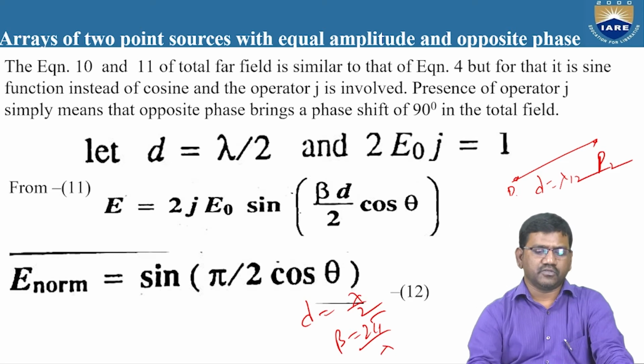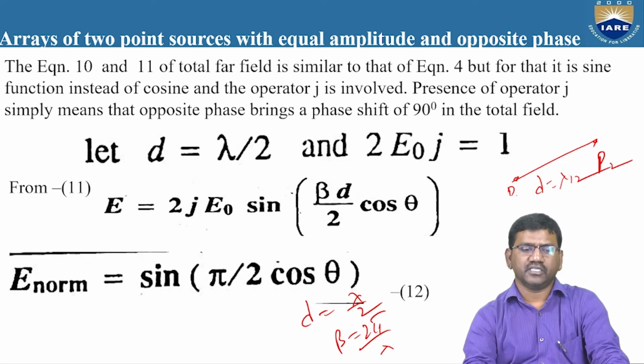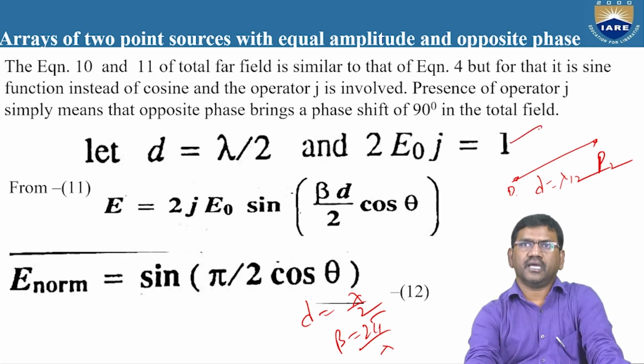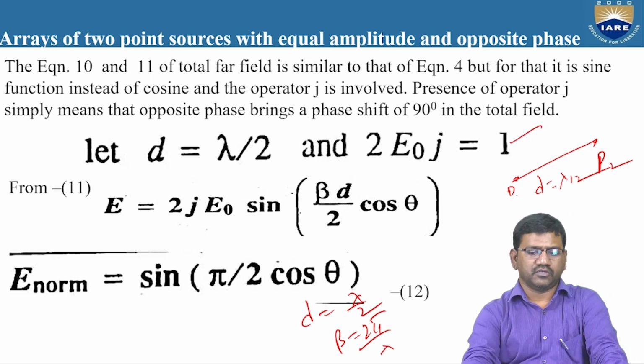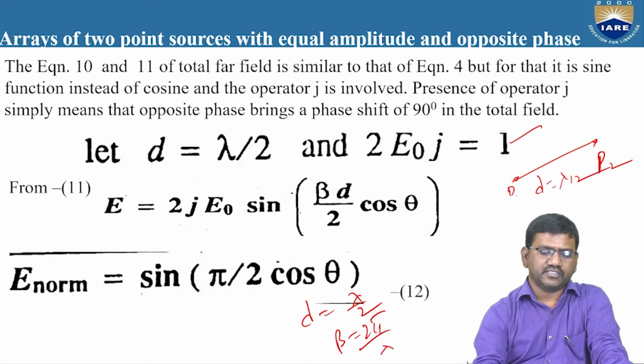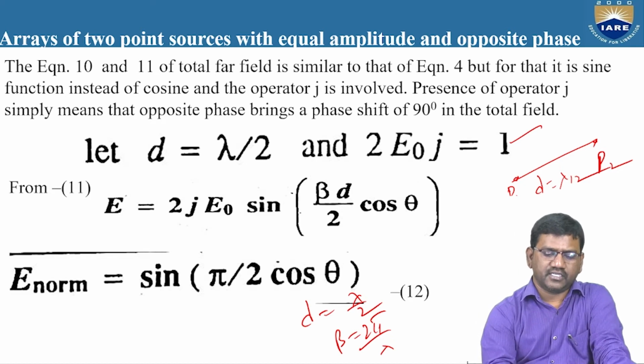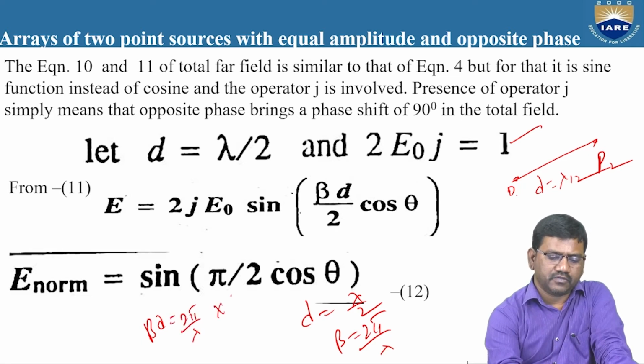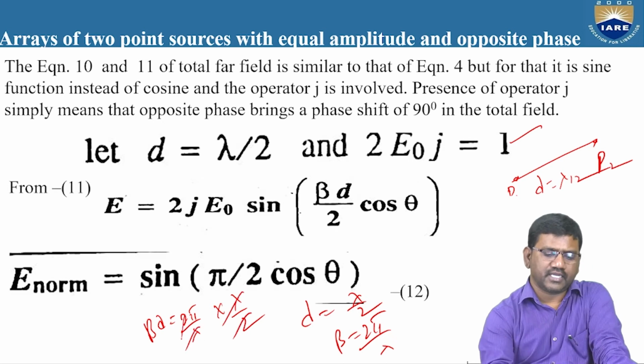Right? So if we substitute these two, let us see what happens to the electric field strength produced. Let d be equal to lambda by 2, and E is equal to 2j E naught sine of beta d by 2 into cos theta, as we know already. If we simplify beta d, we will get 2 pi by lambda into lambda by 2, the 2s cancel, and you will get pi cos theta.